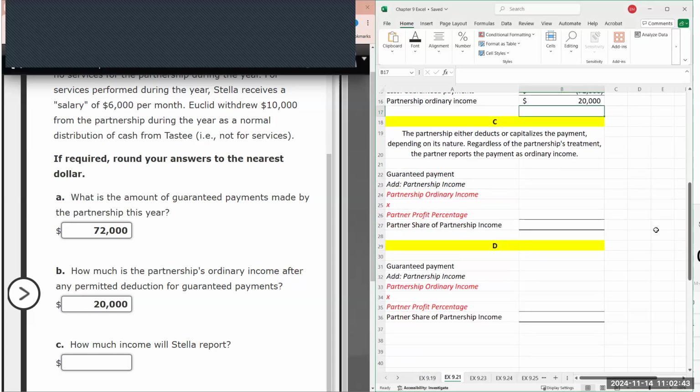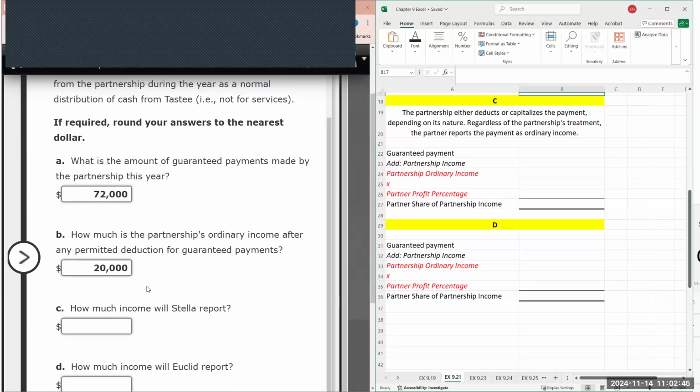Now part C is asking, how much income is Stella going to report? For Stella, first and foremost, she receives $72,000 for income for guaranteed payments.